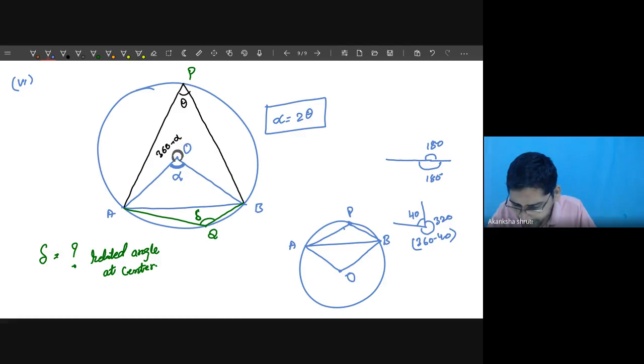Here we are considering the angle at P. Then in the same order you need to look. So the angle at this time you should look from this side, so that while you are moving upward, the two angles will be in the same order.